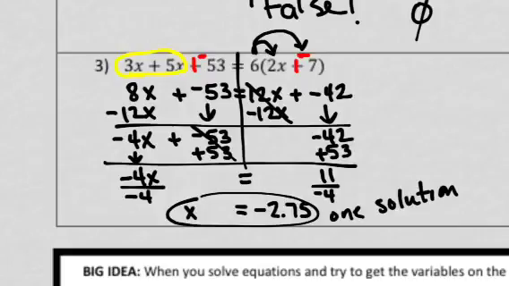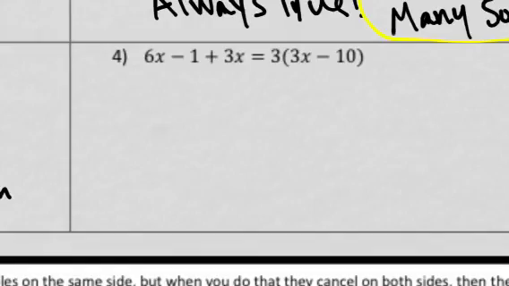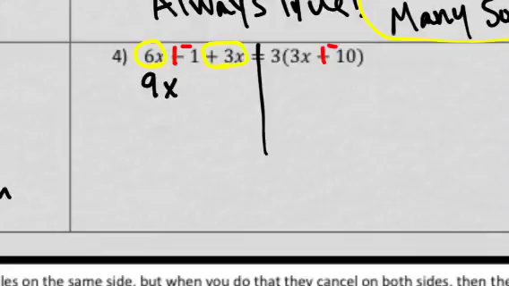Alright, let's take a look at another example. Here, I'm going to change the minus signs to be plus and negative, and that usually helps students get the right answers. So I'm going to look at combining like terms on this side. 6x plus 3x gives me 9x, and then I change that to plus a negative 1.